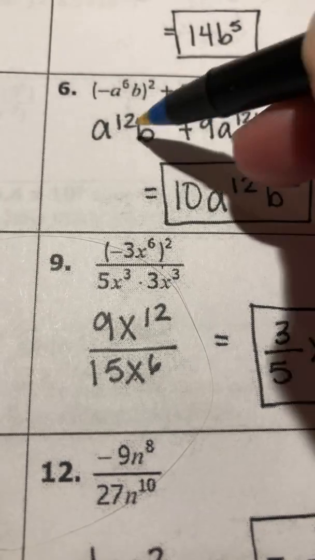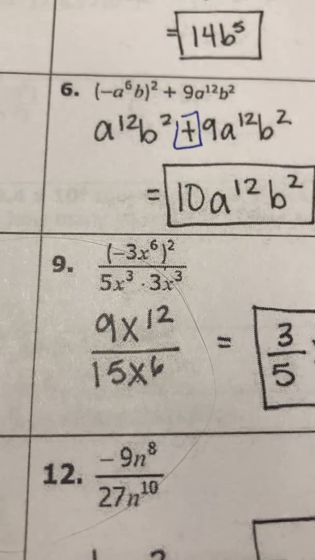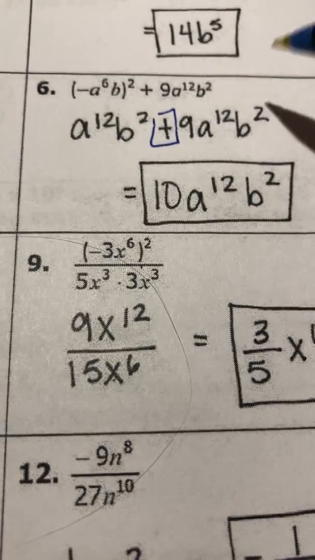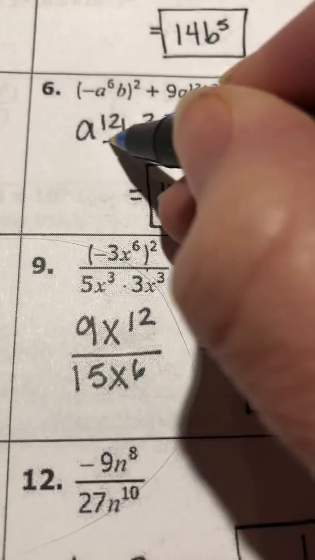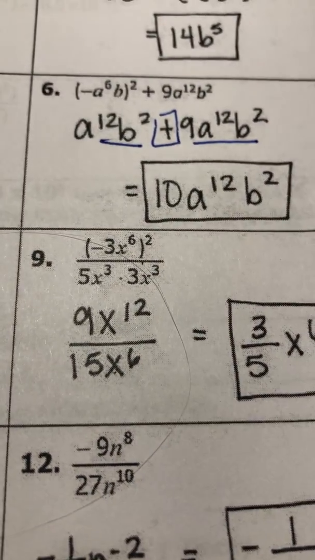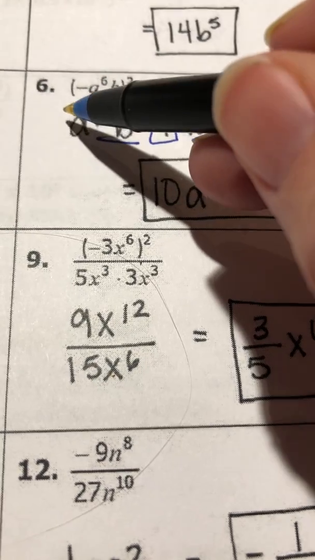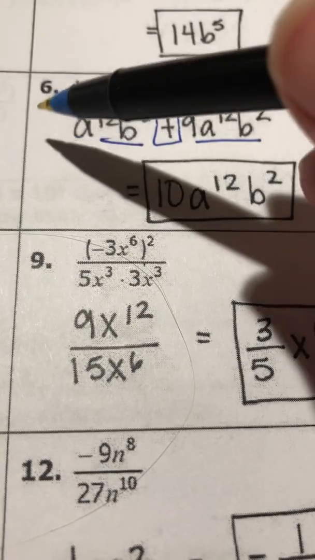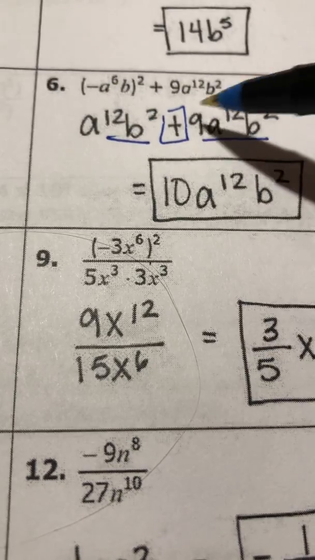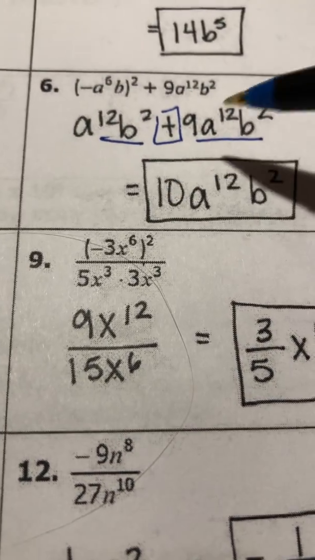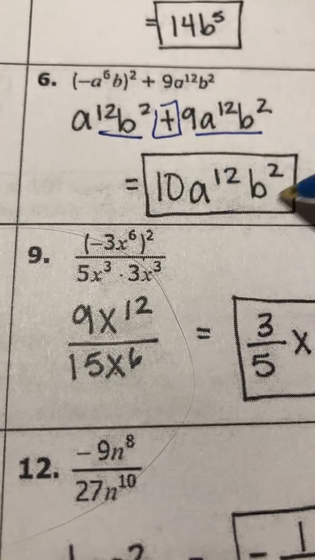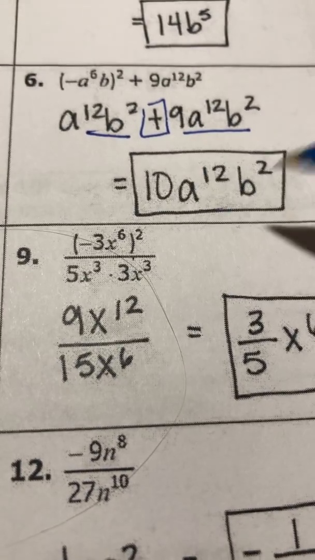Now I am adding, so I have to watch out for like terms here. And guess what? They are like terms, so that makes it easy. So I have my invisible 1, so 1 of this whole thing plus 9 of this whole thing equals 10 of the whole thing. And I hold on to that term.